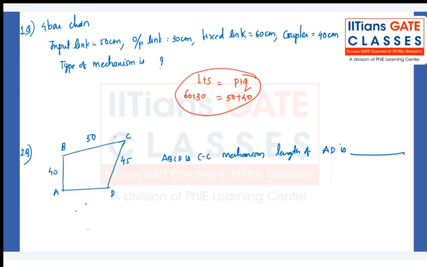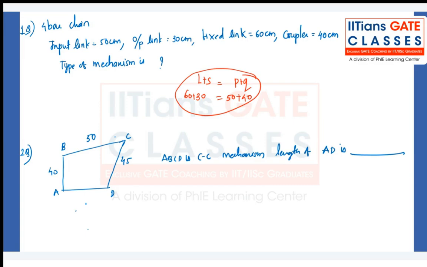So the length of the longest link plus shortest link is equal to the other two. It's satisfying the Grashof criteria. So you will have a crank for sure.